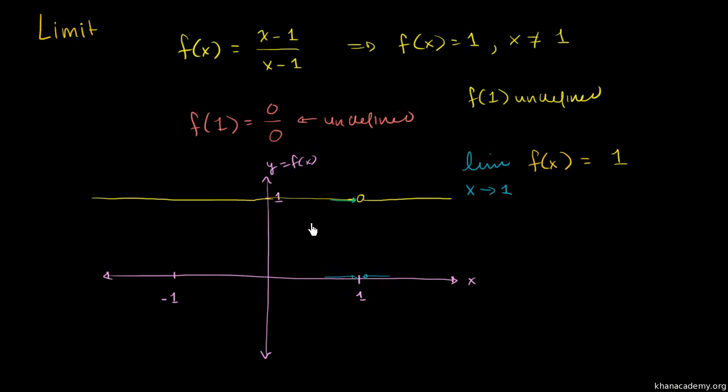Let me do another example where we're dealing with a curve, just so that you have the general idea. Let's say that I have the function, and just for the sake of variety, let me call it g of x. We could define it as x squared when x does not equal 2.